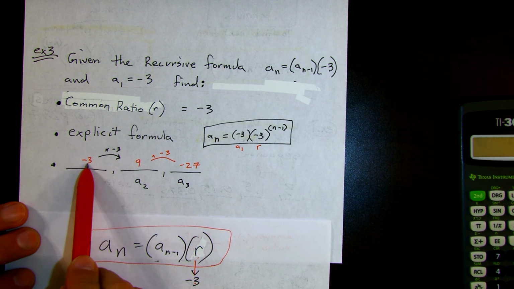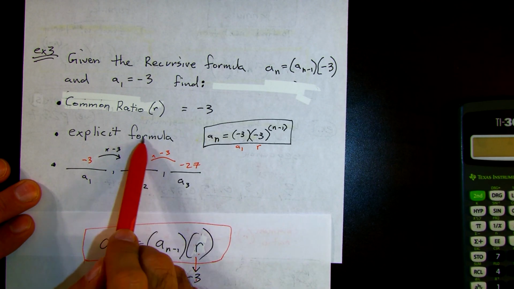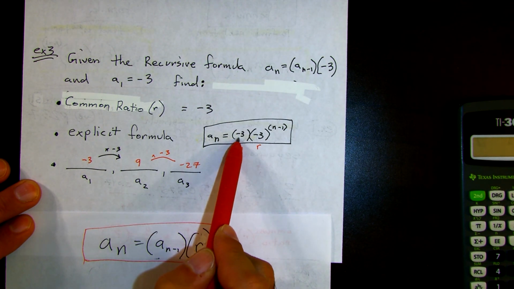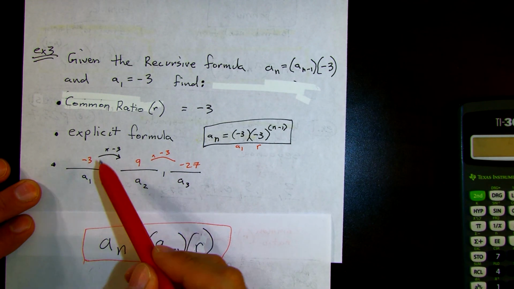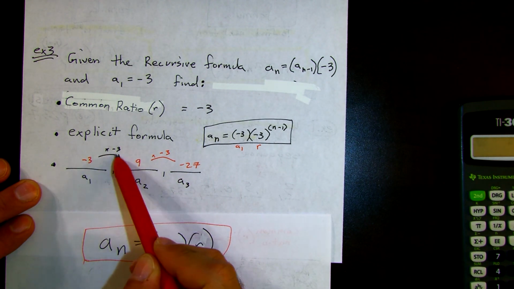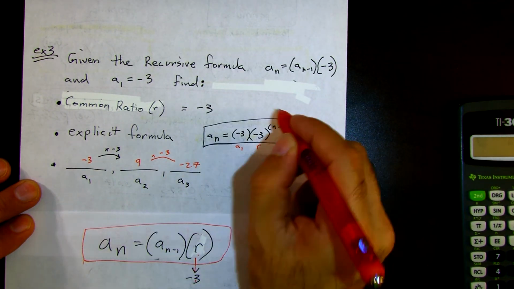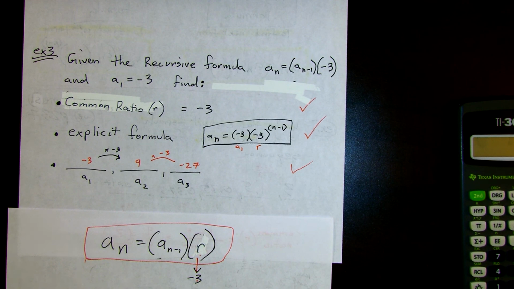I know my first term is -3 as well, so that's why I put -3 as my first term. Common ratio is -3, so when I write my explicit formula, the ratio is -3. The first term was -3. So I leave it just like this. I could have used this to find a2 and a3, but I multiplied -3 by -3, got 9. Another -3 got -27. And we're done.